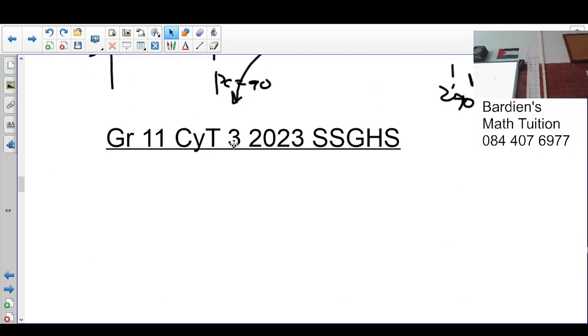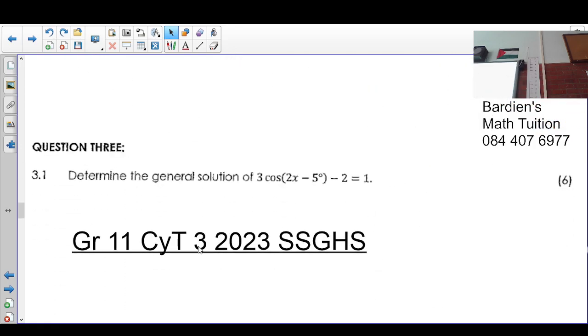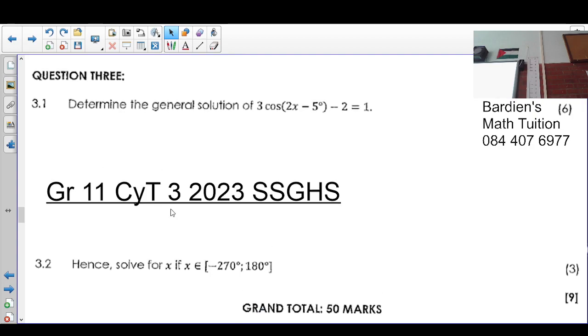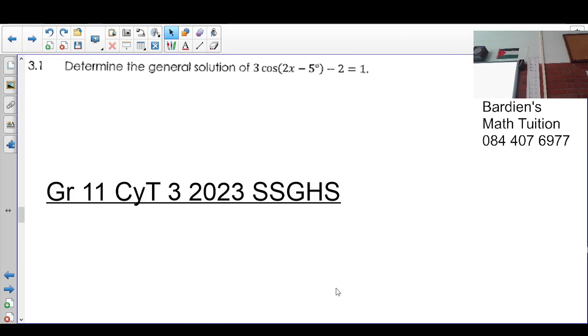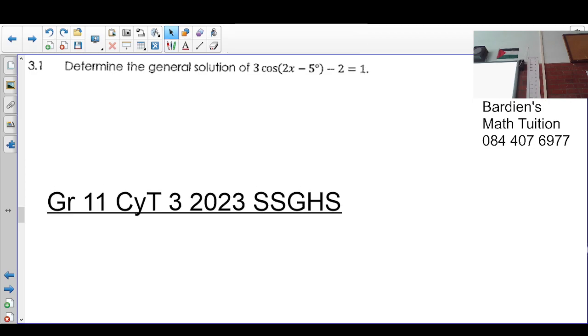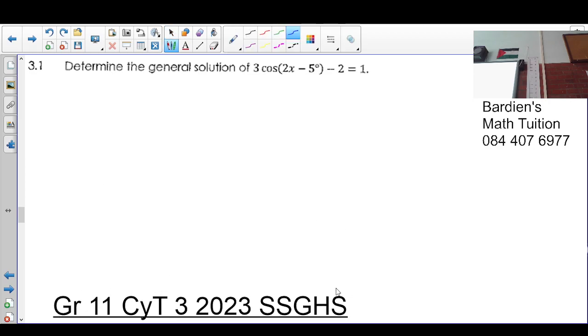People, let's carry on. Question 3. Determine the general solution. 3.1, the general solution. So firstly, we're going to take the 1 over, it becomes 3 cos(2x - 5) = 3.